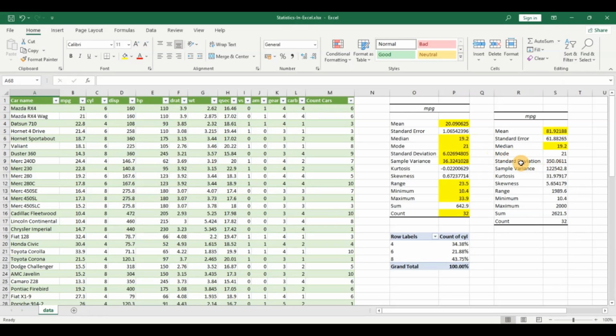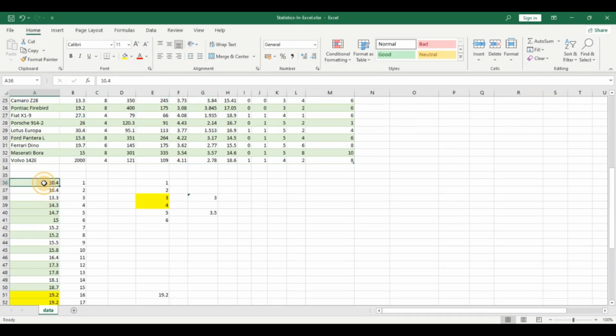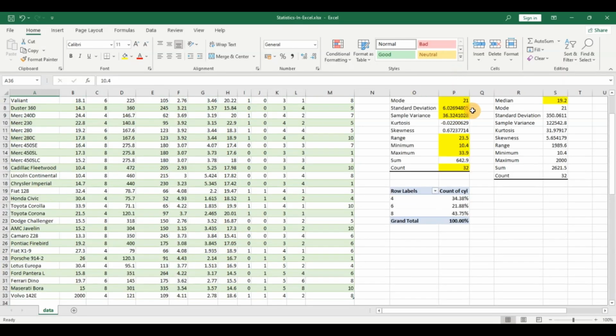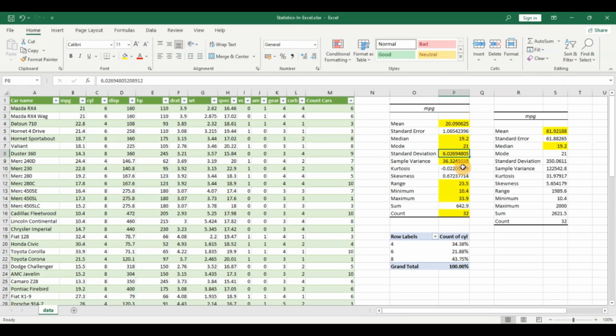Now let's take a look at the measures of dispersion, that is, how spread out your data is. The standard deviation gives you the measure of your dispersion. That means the average value at which each data point varies from the mean is around 6.02, and generally for normal distributions around 95% of your data points will be included within 2 standard deviations of your mean.